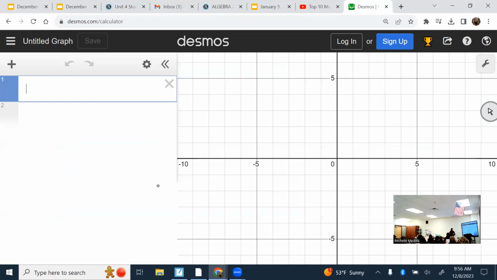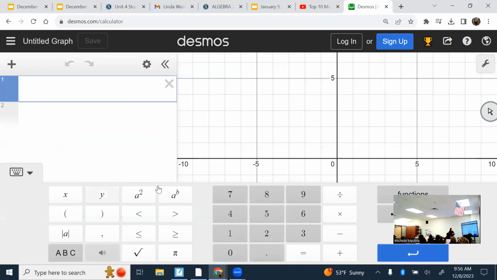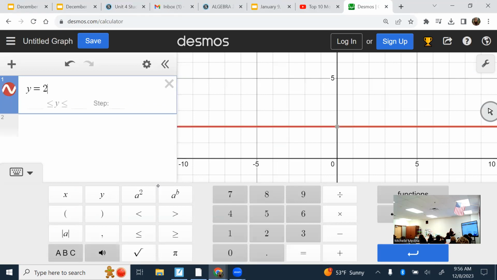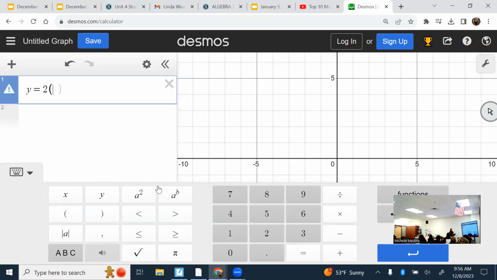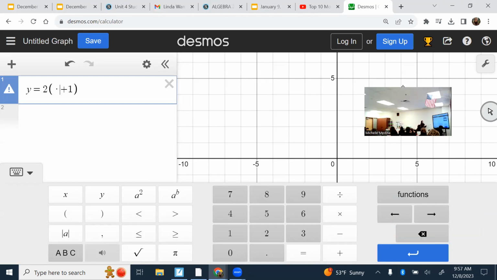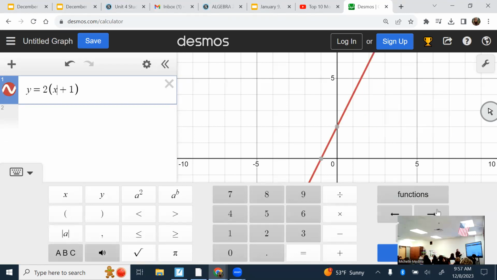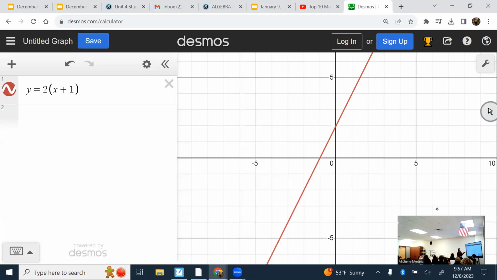It looks like, let's just actually look at it. All right, so g of x, or I'll just use y because I don't want to go back to my computer. And it was 2 parentheses x plus 1. Okay, so you see it, it gives you a line, and if you zoom out, that line goes on forever.